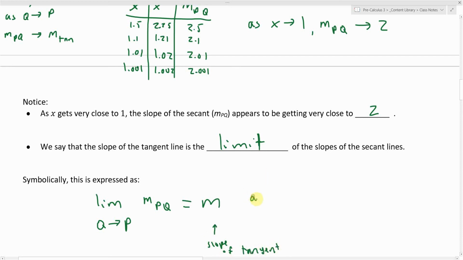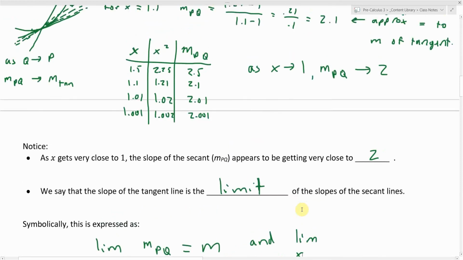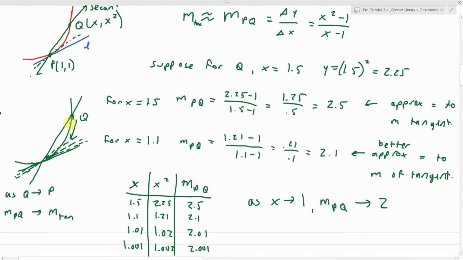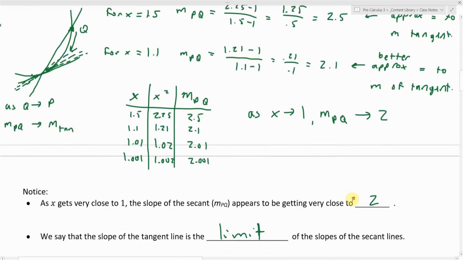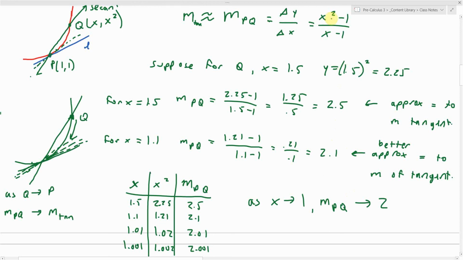And in fact, what we're seeing here is the limit in algebraic form. As Q moves closer and closer to P, x moves closer and closer to 1. So we can say the limit as x approaches 1 of our slope, the formula for slope of PQ was x squared minus 1 over x minus 1, right? We saw that up here.